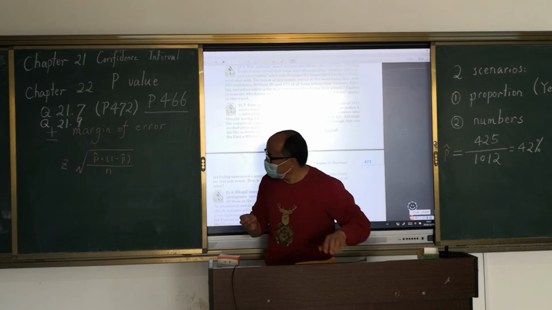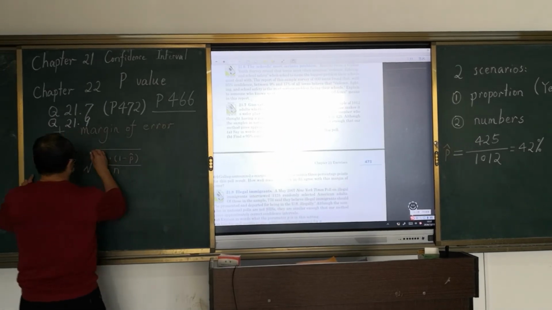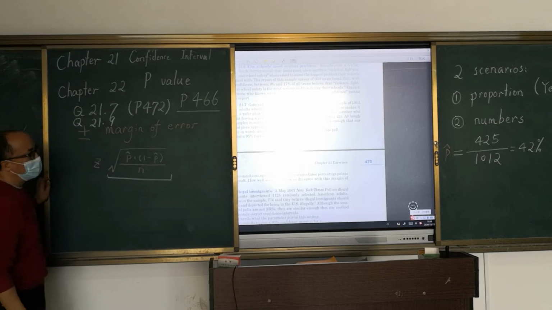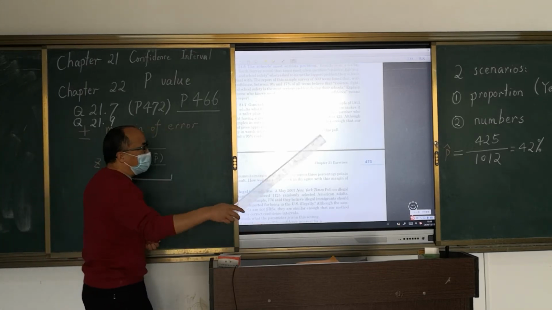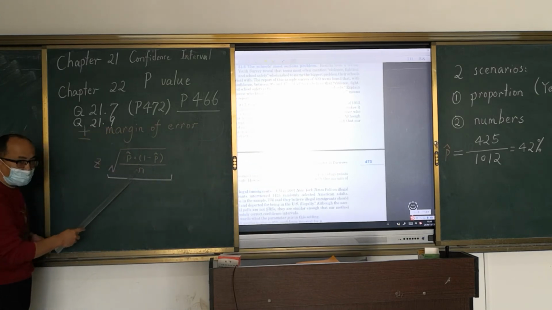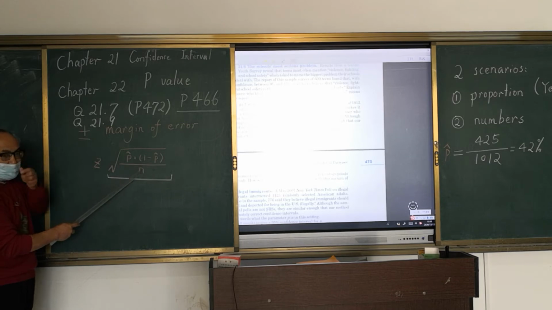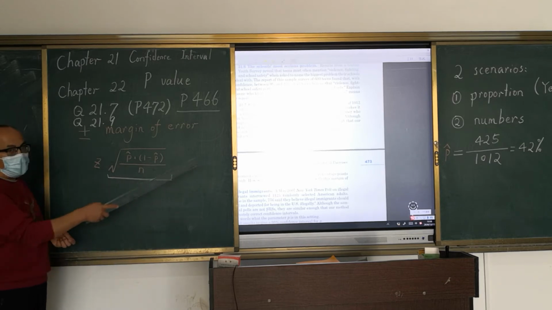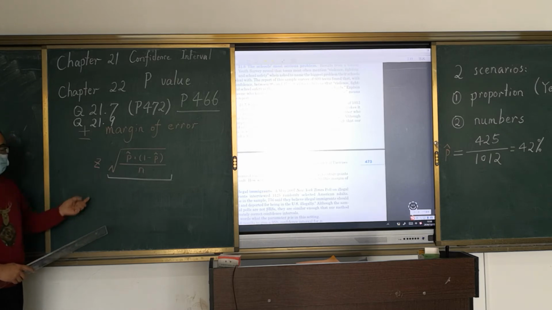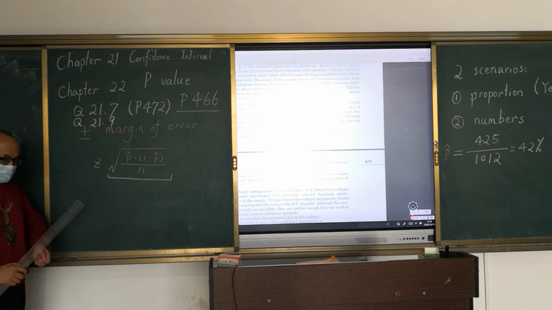This part. You have the p hat over there, and n is the sample size, which is 1,012. You get this? Okay, good.